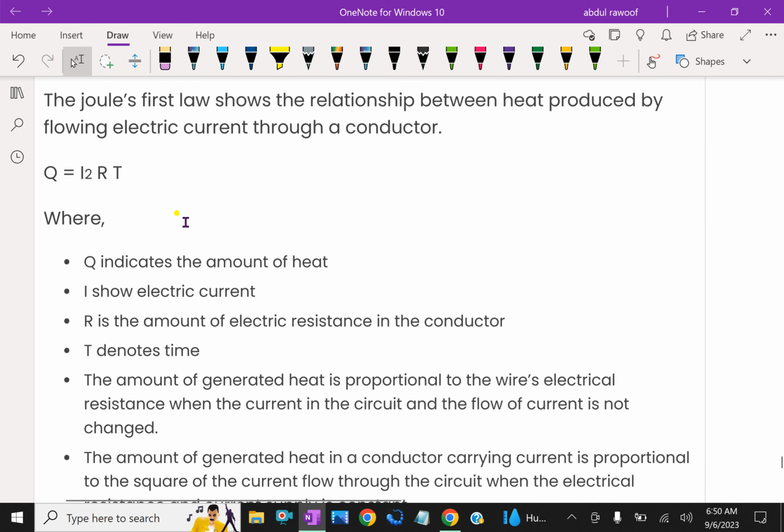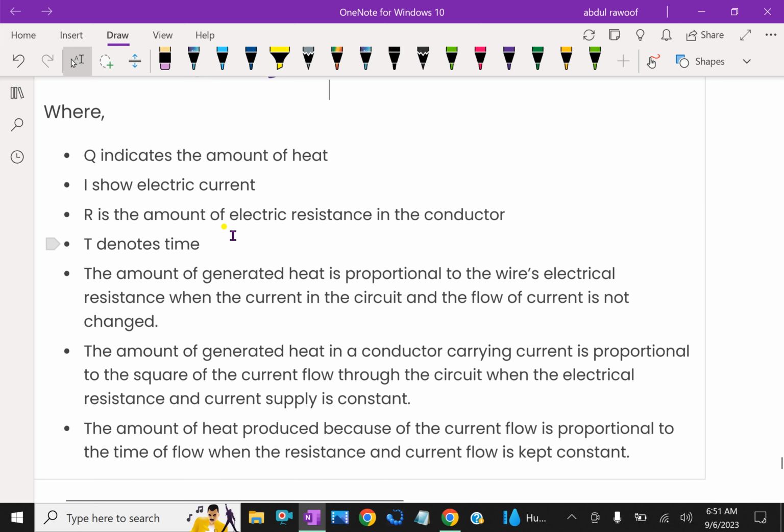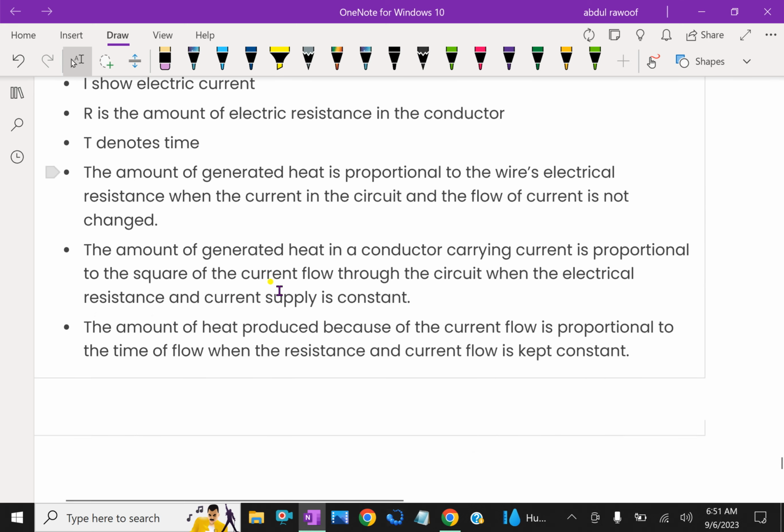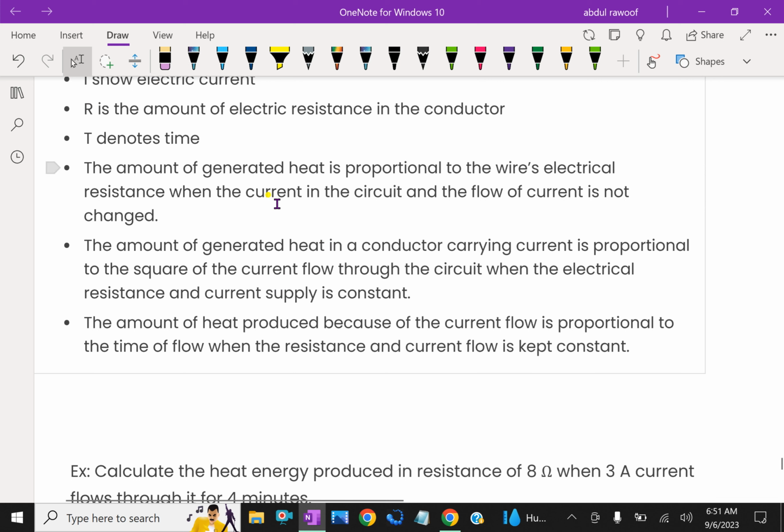That means Q equals I squared R T, where Q indicates the amount of heat, I shows electric current, R is the amount of electric resistance in the conductor, T denotes time. The amount of generated heat is proportional to the wire's electrical resistance.